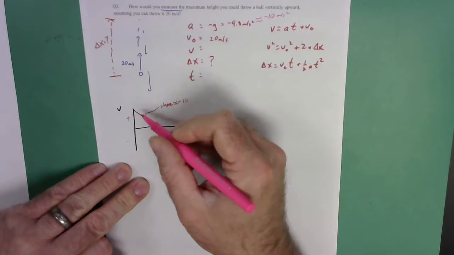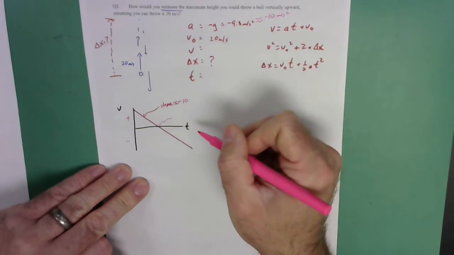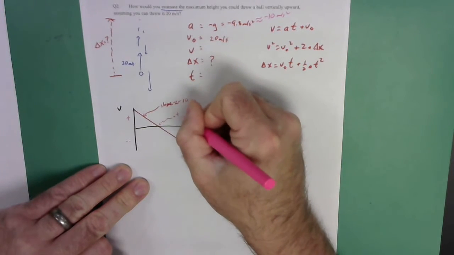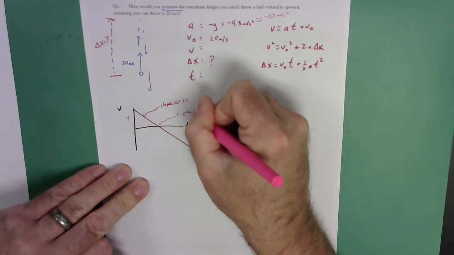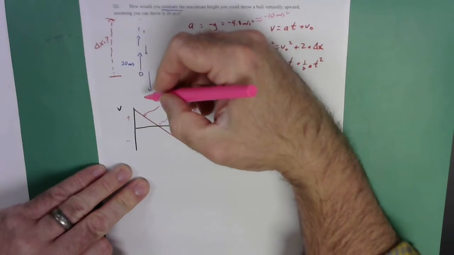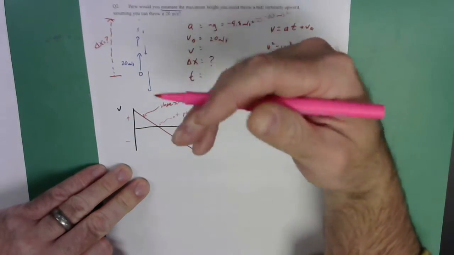To go from positive velocities to negative velocities, don't you always have to pass through 0? That would be when I'm at the peak. So when you're throwing something straight up and straight down, at the peak that vertical speed is 0.